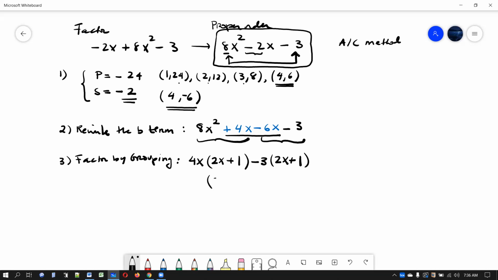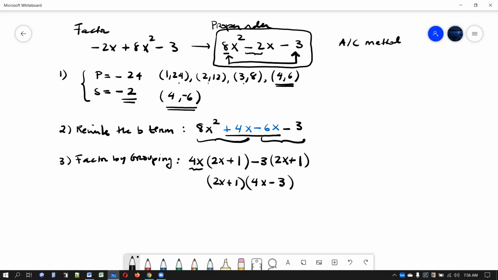I will factor the 2x plus 1 again. And in the second parenthesis, I will get 4x minus 3. Okay, so this is how we factor a trinomial with leading coefficient greater than 1 using the AC method. So the answer we got was 2x plus 1, 4x minus 3.